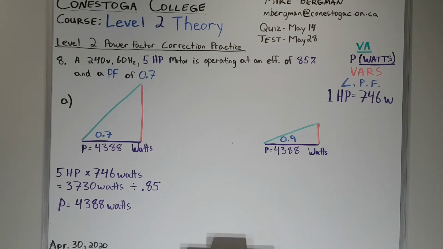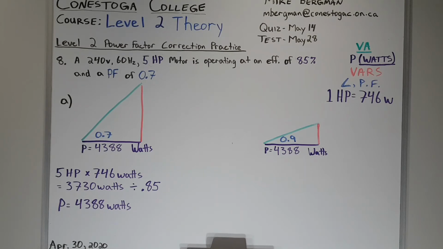I've color coded them with the consistent colors we've been using. Green for VA, purple for power, red for watts, and then our angle or power factor is in blue. So you can see I know nothing about the 0.9 power factor other than that the wattage of the equipment we've powered or we're going to power is 4,388 watts.